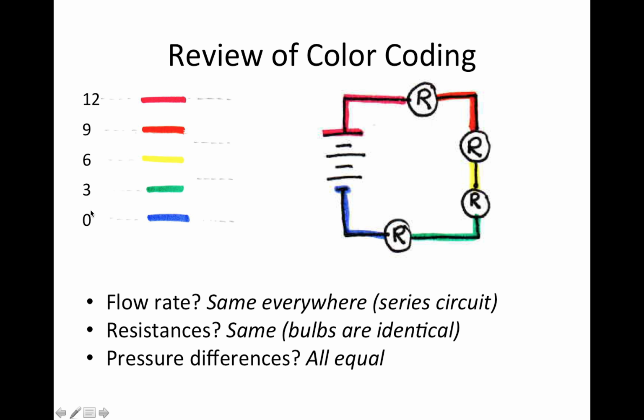Then orange could be 9, yellow could be 6, green could be 3. You'll see that as you go from red to orange, there's a pressure difference of 3, going from 12 to 9. The difference from orange to yellow is 3, from yellow to green is 3, and from green to blue is also 3. So you have equal pressure differences represented by using these colors.